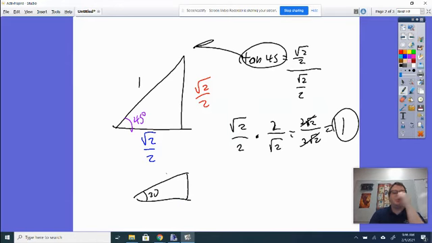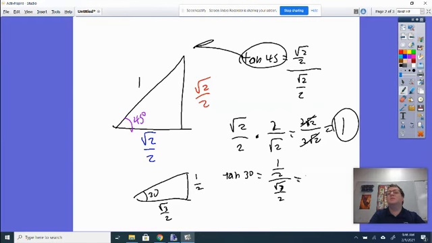Now, thinking about our 30-degree angles. So if this was 30 degrees, I had 1/2, and then the square root of 3 over 2. Okay, doing the same idea, tangent of 30 is equal to 1/2, the opposite, over the adjacent. Okay, which means we're going to get 1/2 times 2 square root of 3 cancels.